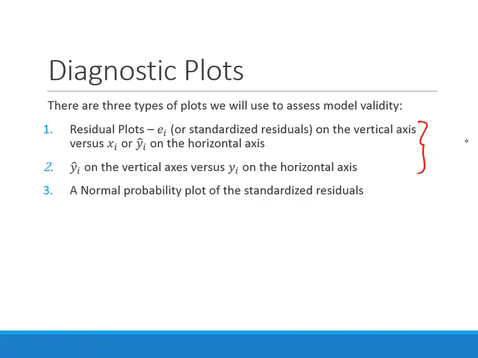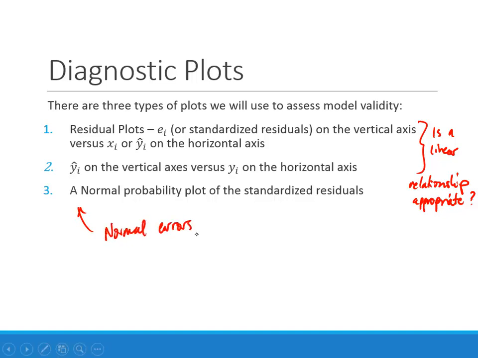These first two will allow us to answer the question, is a linear relationship appropriate? And this last one will help us check the normal error terms, and allow us to say whether that's an okay assumption or not. I think I mentioned a normal probability plot before, but I don't think we've actually talked about it, so I'll show you some examples and what we'll be looking for there.